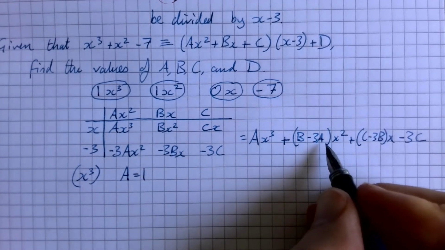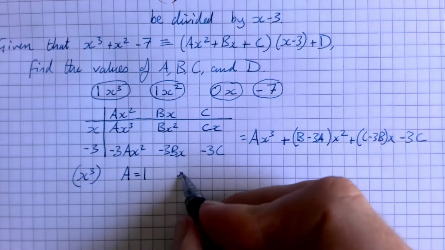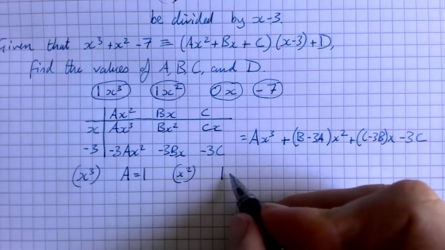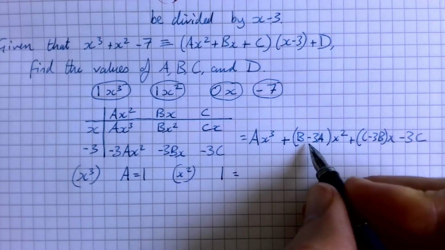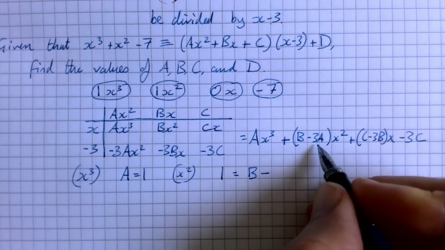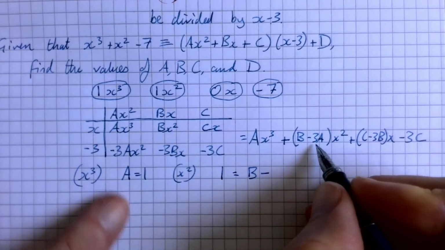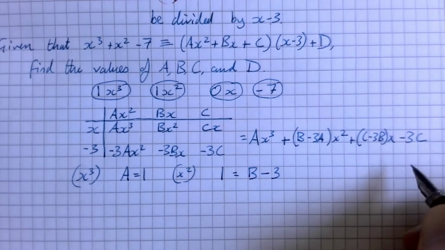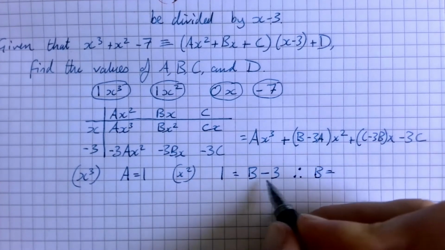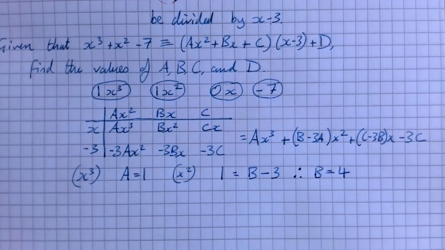Now if I look at the x squareds, I've got 1x squared is equal to b minus 3a, but I know that a is 1, so it's b minus 3. Therefore b must be equal to 4.